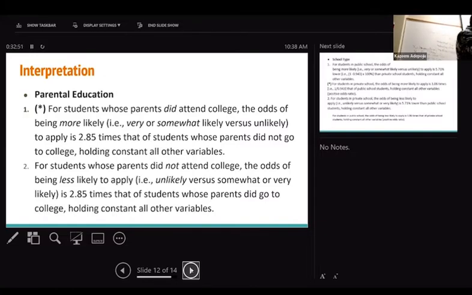Let me tell you this. We got three levels, right? You're basically going to compare the two positive levels with the lowest one. The lowest level here is unlikely. So you are comparing very likely and somewhat likely with unlikely, to apply is 2.85 times that of students whose parents did not go to college. Where do I get 2.85?